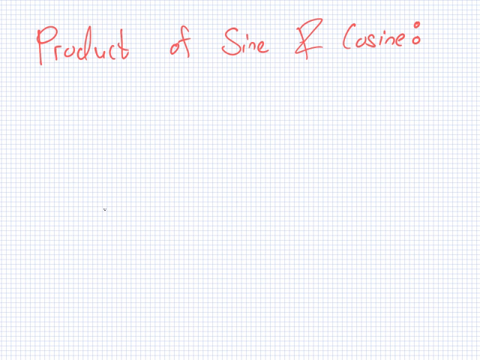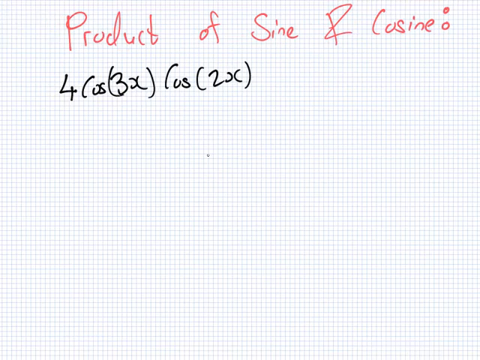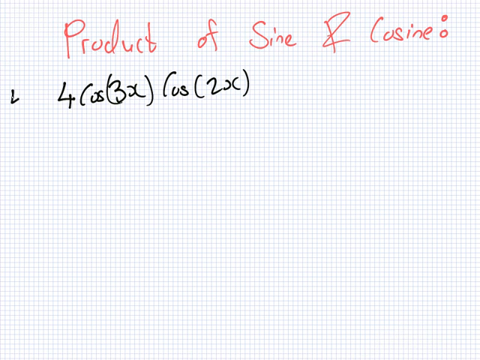So for example, suppose I have 4 cos 3x cos 2x. I don't really want to write it this way. What I want to do in this lesson is learn how I can write this a different way.